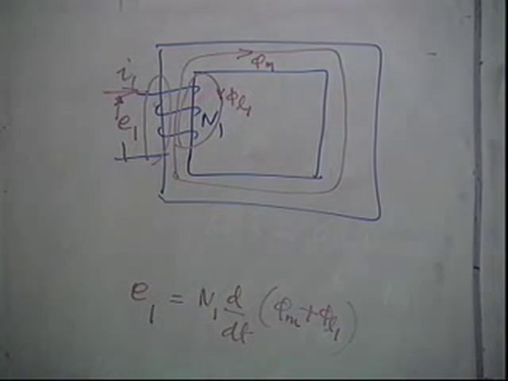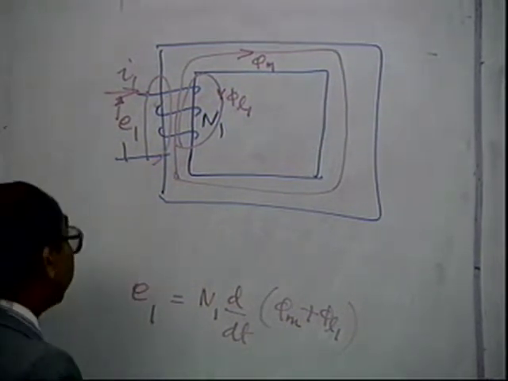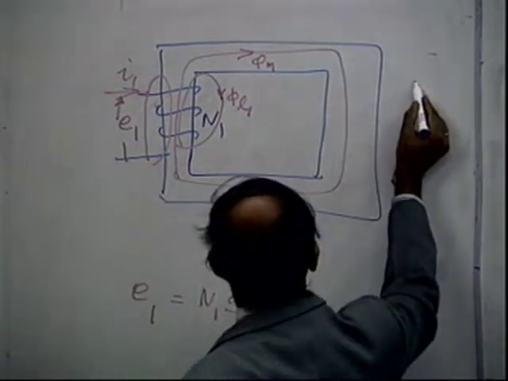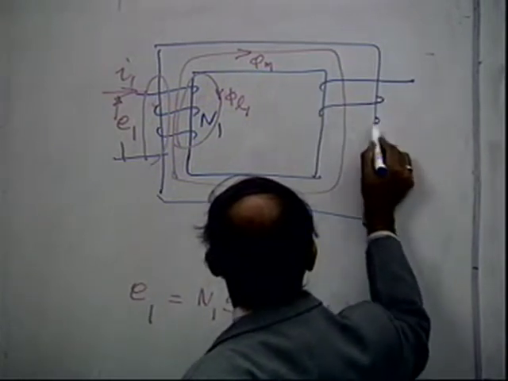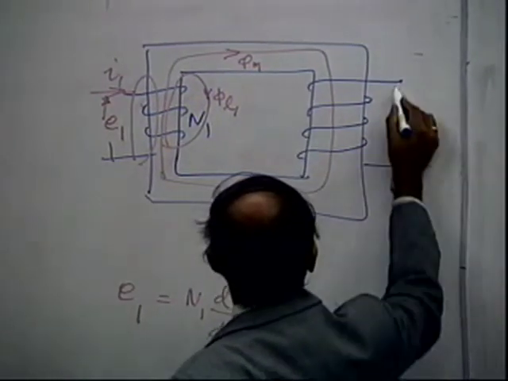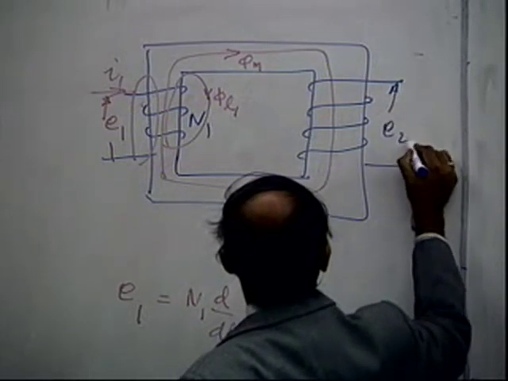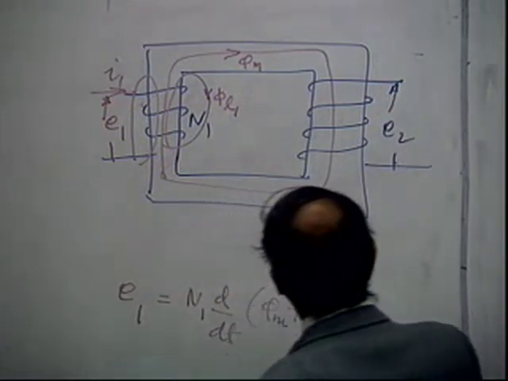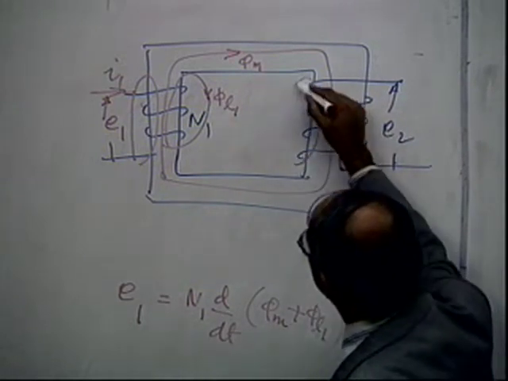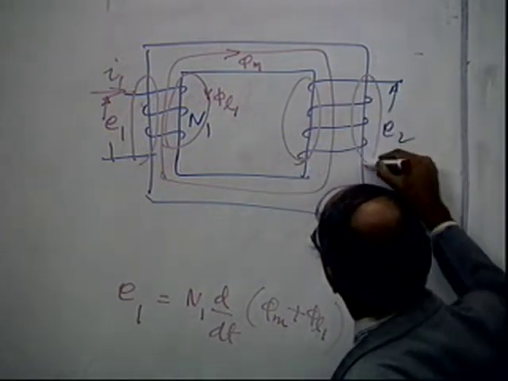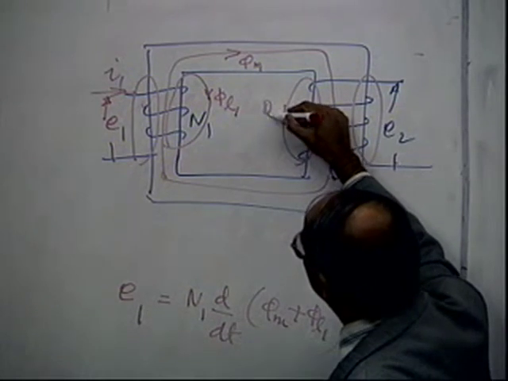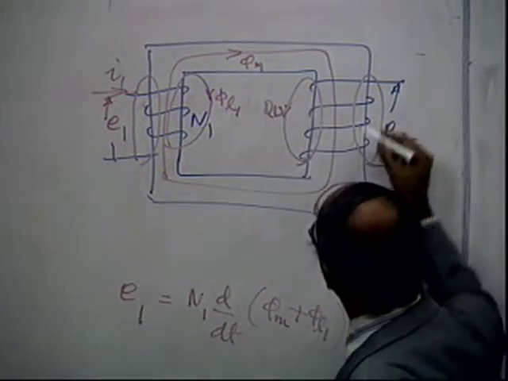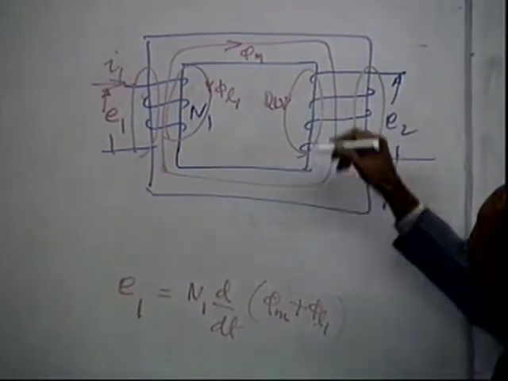Similarly, if you have the secondary winding, E2, this also has some leakage fluxes. Let us say phi L2, this is the secondary leakage.